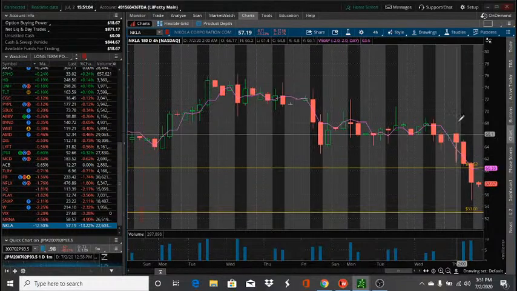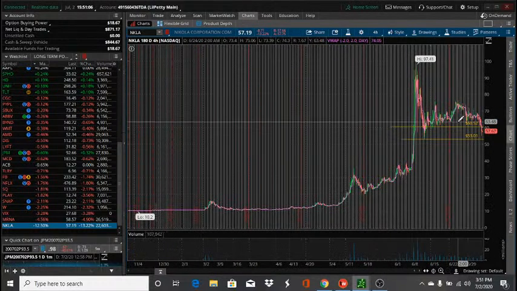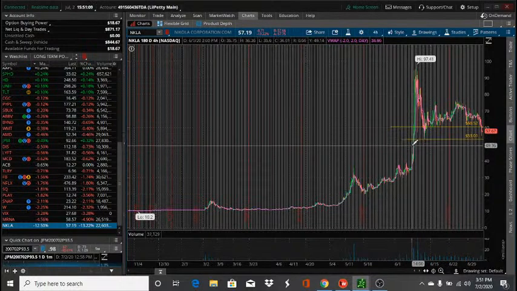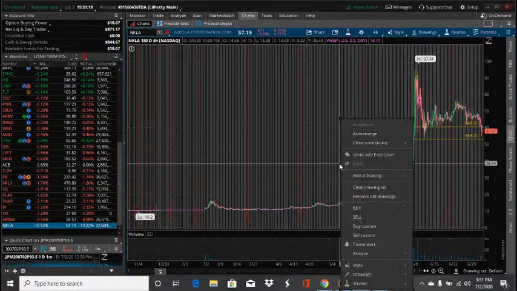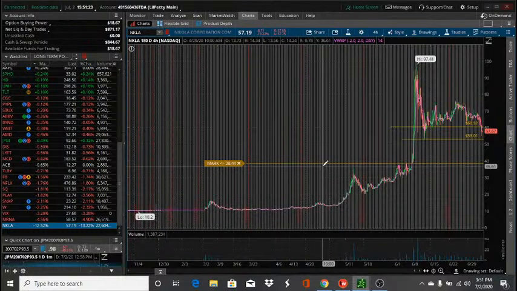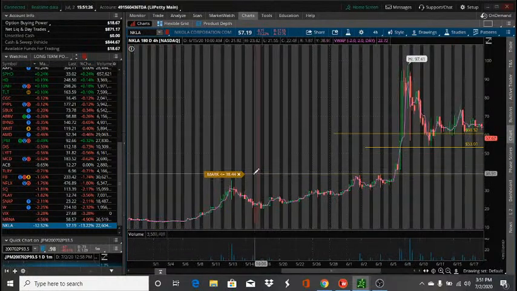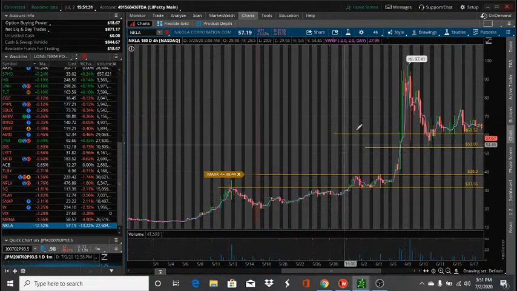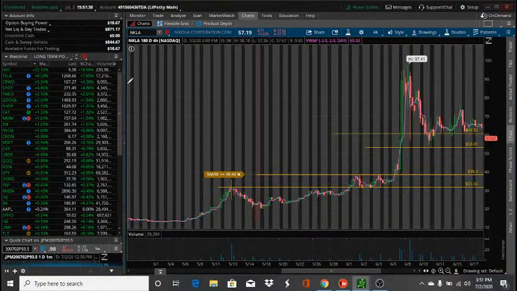So, crack below 53, 25. So below 53, we're gonna probably come down to 38, 30 level. That's what I would set my alerts for down here. So I'm gonna set an alert. You can see we got something going on over here in this level. So those are levels I'm watching, and obviously a break above 73, then that's bullish.